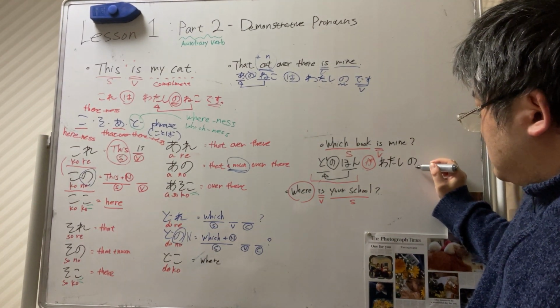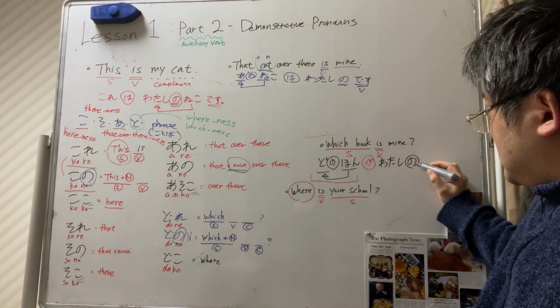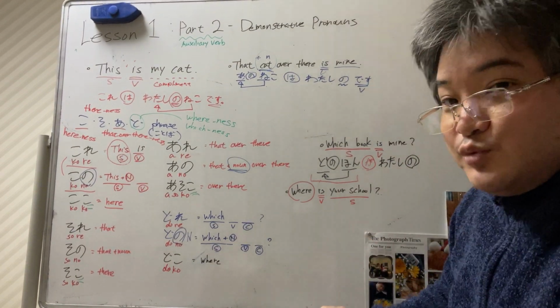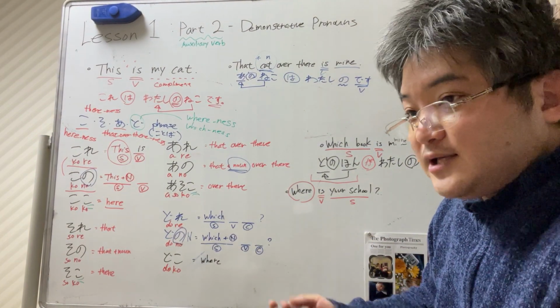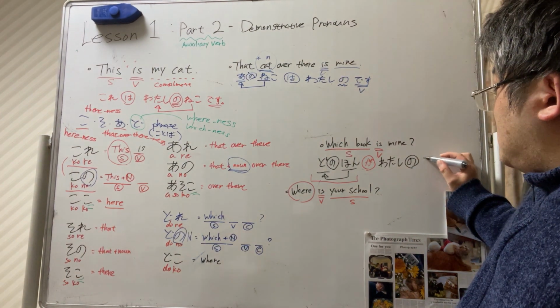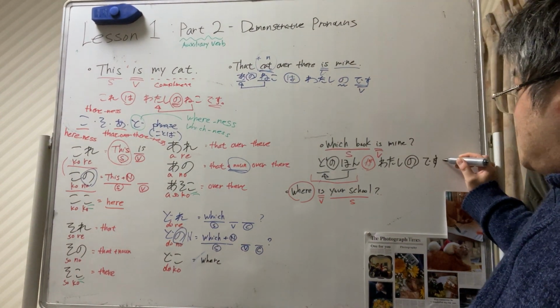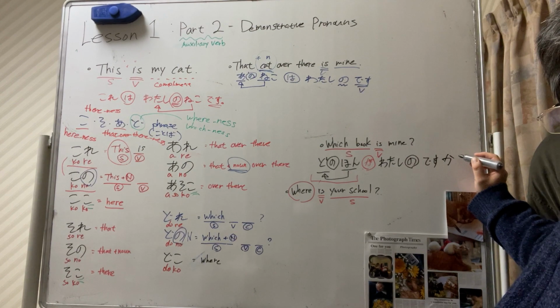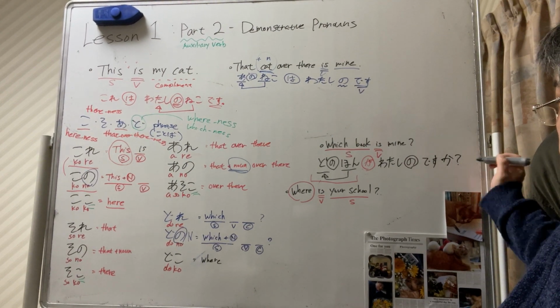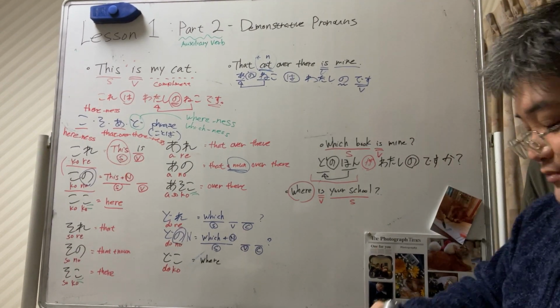watashi no, again, do not forget this, otherwise you're saying which book is I or me, right? So this, and then you put ka, I'm going to use a question mark here.